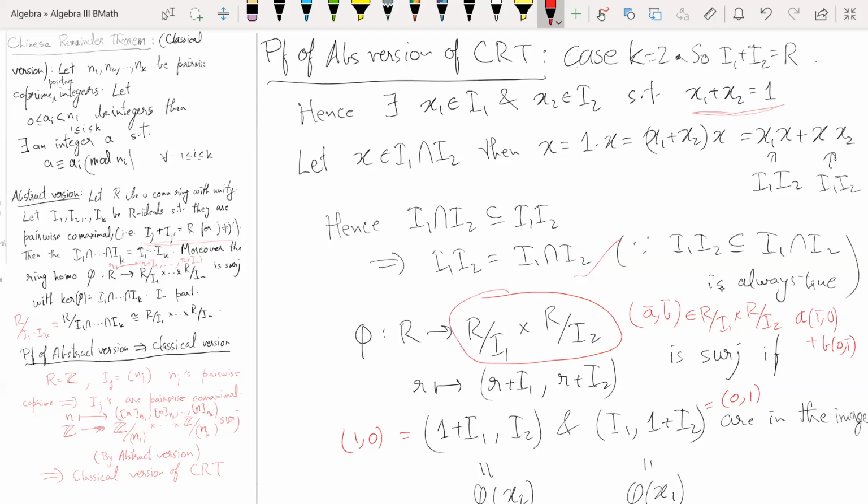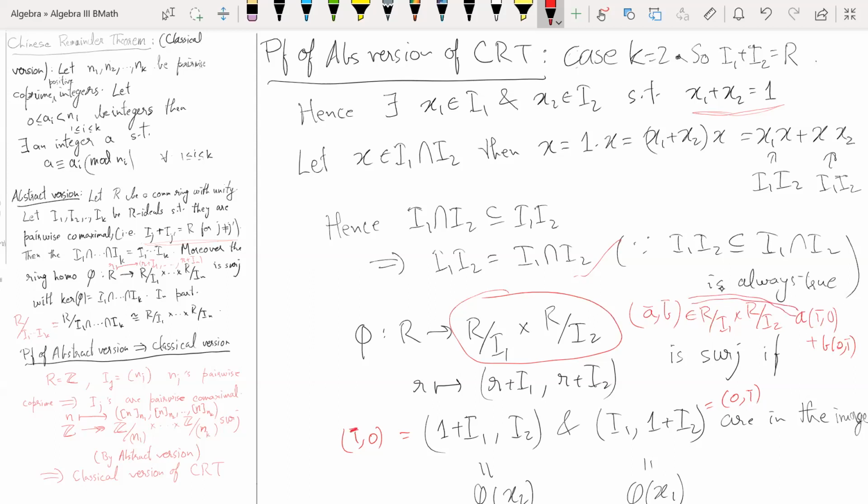We are using the same bar, which is why I use the quotient notation, so that it is clear. 1 bar in the first component means it's 1 plus I1. 1 bar in the second component means it's 1 plus I2. But from the context, it's clear where we are looking. So a bar comma b bar is just a times 1 bar plus b times the other; it doesn't matter, this is the same as this.